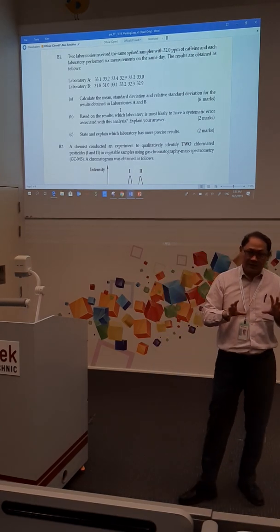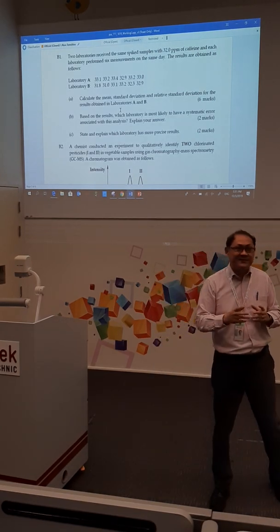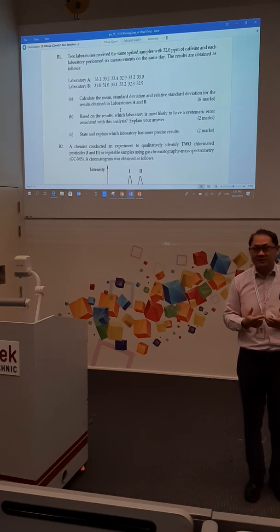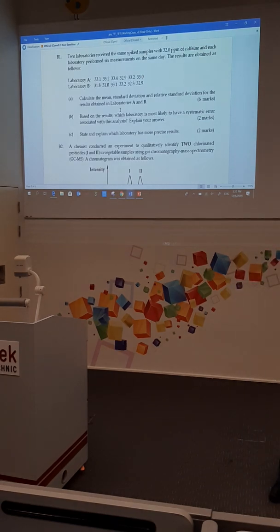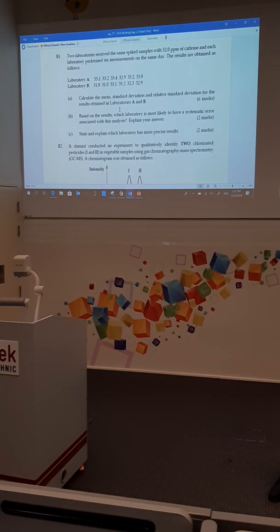So in another word, systematic error, I interpret this way, is you can always clearly observe a trend. A trend means it's a clear pattern. No matter how you do the experiment, the result always shows a particular pattern.